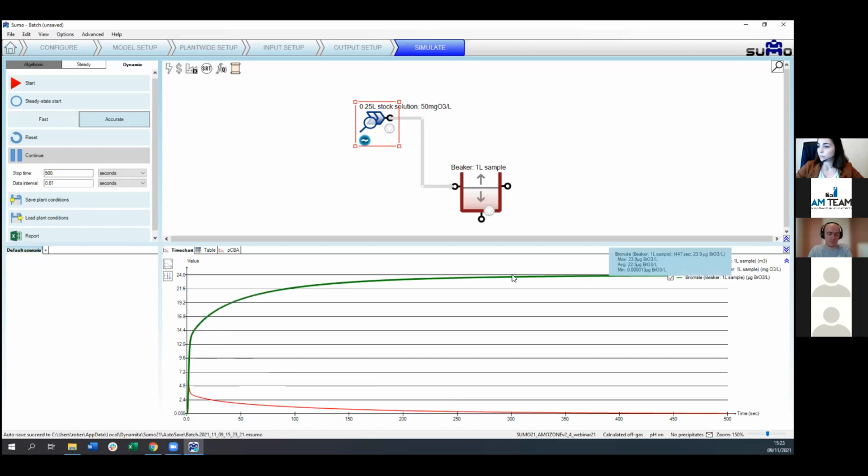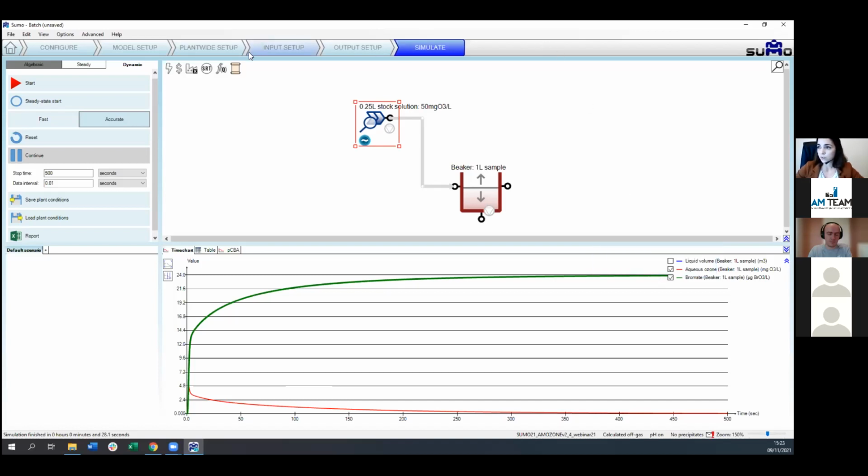In terms of bromate formation, bromate is again formed within the first few seconds, and we reach 13 micrograms per liter after 3 seconds, more or less. Ultimately, at the end of the experiment, we reach 24 micrograms per liter. So within 10 milliseconds we formed 28 micrograms per liter, and now within 2 seconds of injection we are producing less bromate.